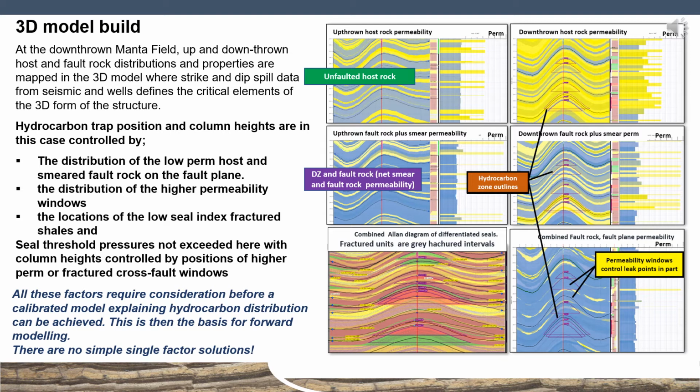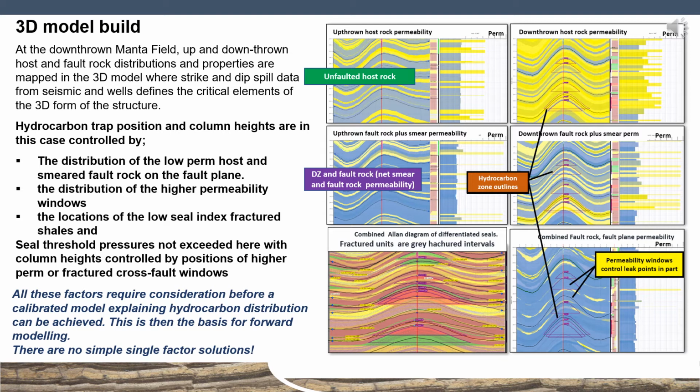On the right you have the downthrown section. In the bottom right we combine all of the data, and here you can see in the fault plane the fault rock permeability distribution, and you can identify in a few of those cases where the leak points coincide quite well with the high perm or yellow windows.